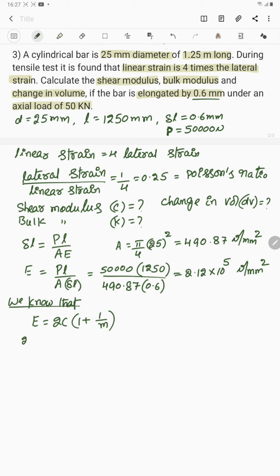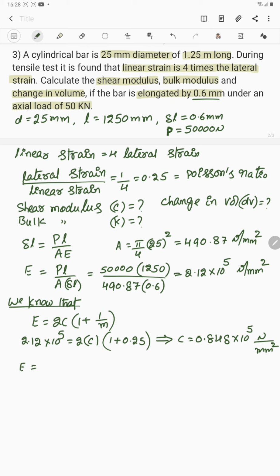Young's modulus is 2.12 into 10 power 5 is equal to 2 into C into 1 plus 0.25. From this you can find the shear modulus C equal to 0.848 into 10 power 5 Newton per mm square.